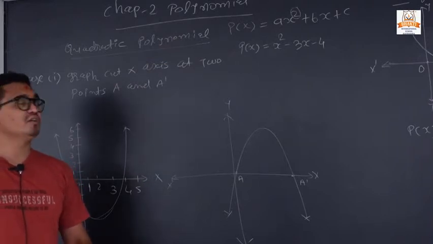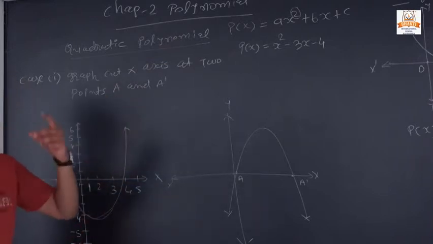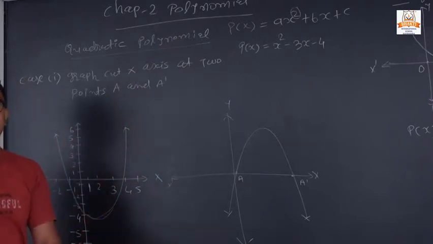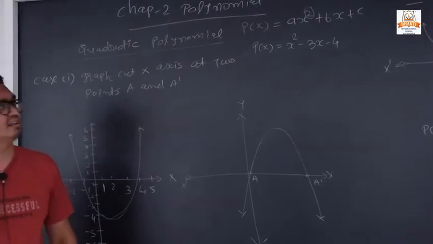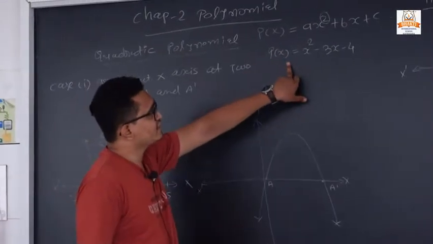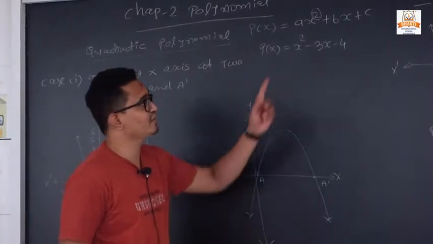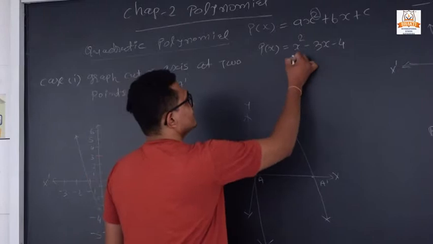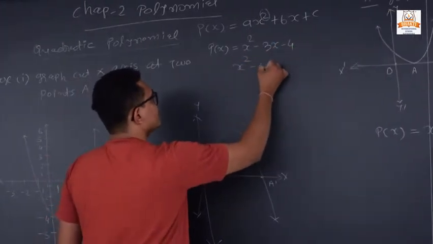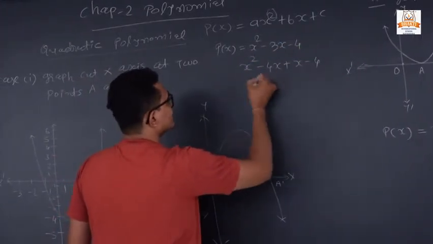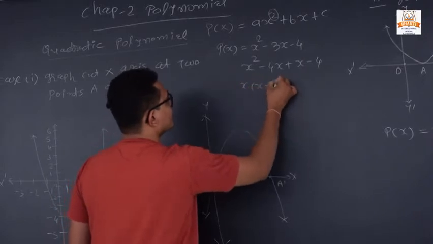And we can already discuss its graph pattern. In the previous lecture we took one example like that: P of x is equal to x square minus 3x minus 4. First of all we can factorize it. Here x is a common term.